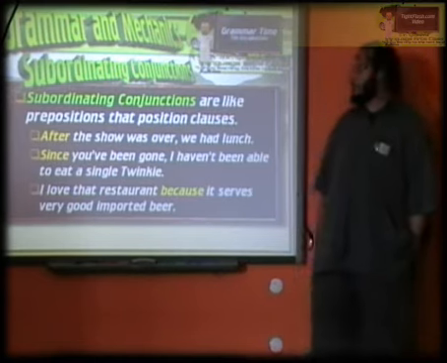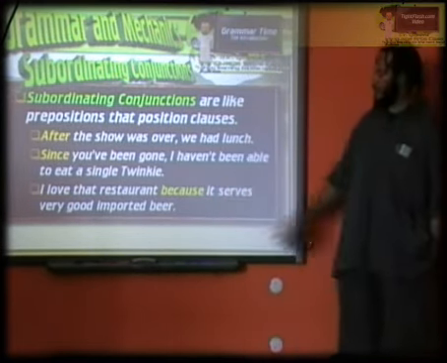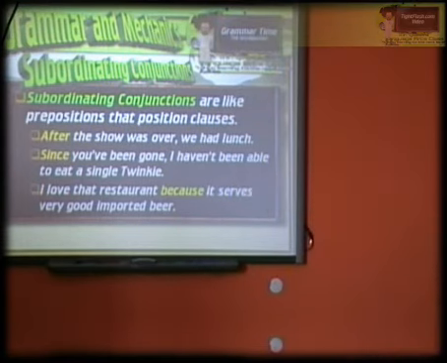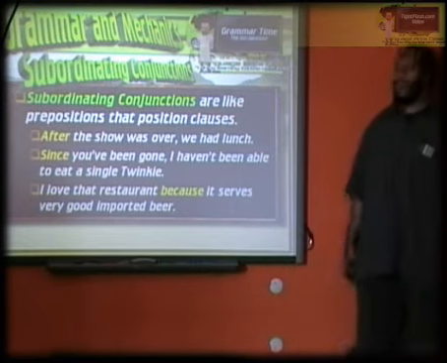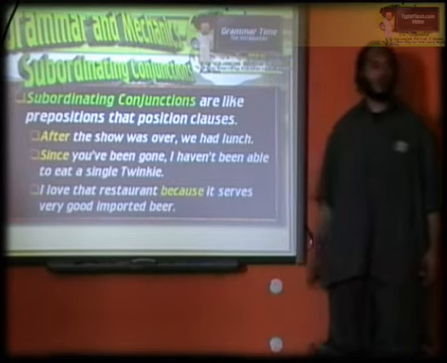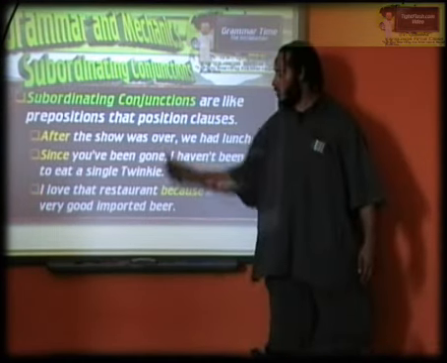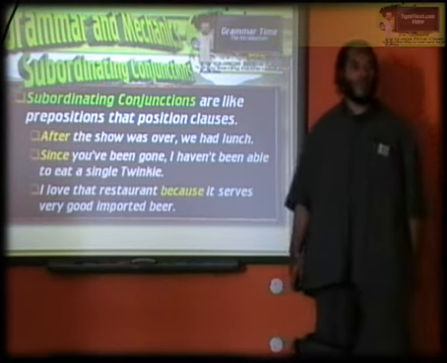I love that restaurant because it serves very good, imported, non-alcoholic beer. This subordinating conjunction comes in the middle. Notice we didn't use a comma, but we'll talk more about that.